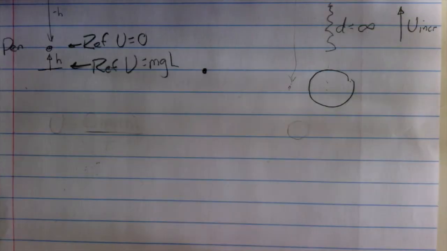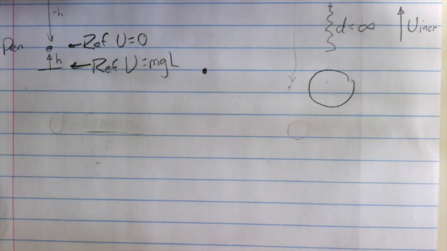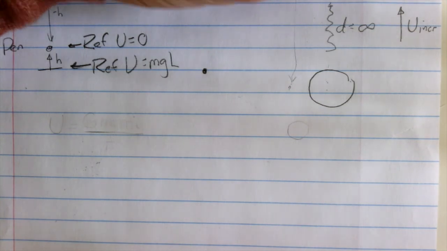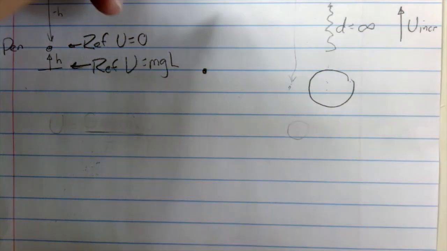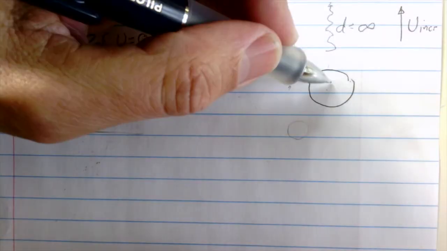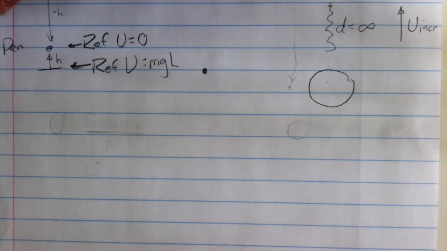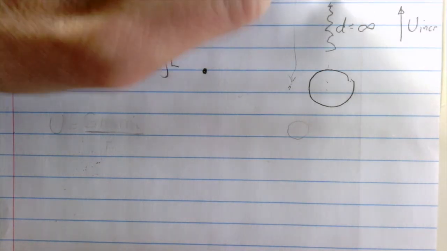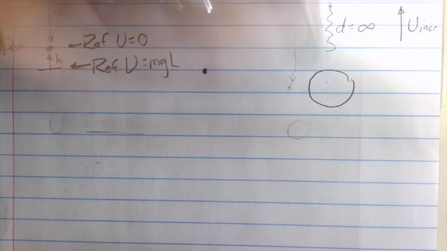So it's convenient for us to call this potential energy reference point infinitely far away. The reference point, infinite distance. That's our reference point. And since U increases all the way up there, if U equals 0 up here, then it must be getting more and more negative as you get down here.